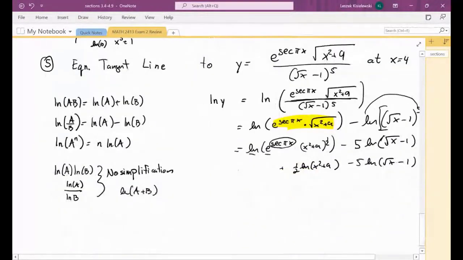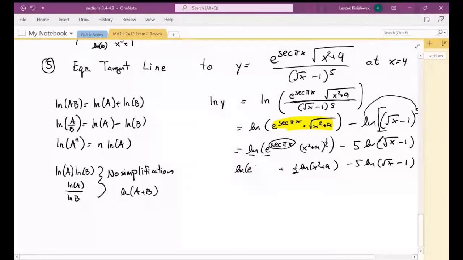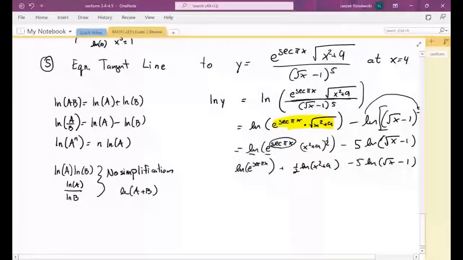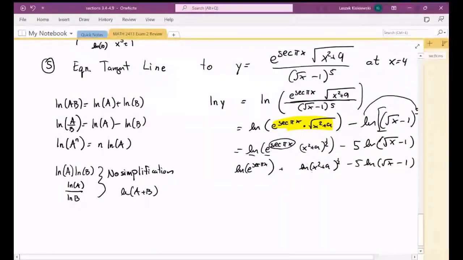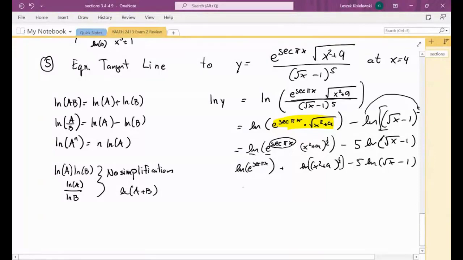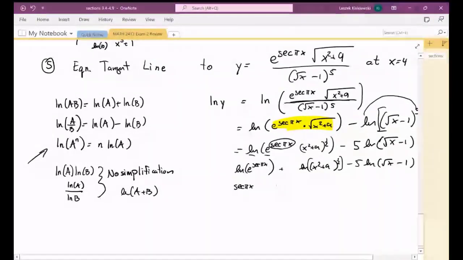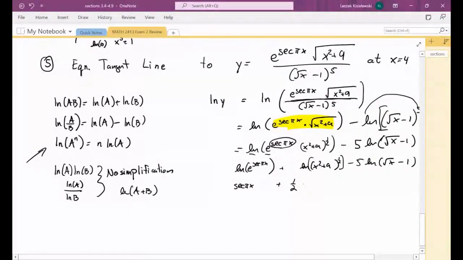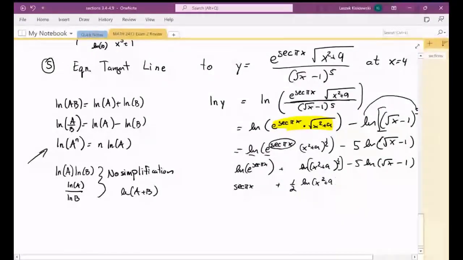I didn't verbalize it. So we had log of the first factor plus log of the second factor. And then you use that property there, bring the secant in front, it's an exponent, and log of e is 1. And here we brought the half, x squared plus 9.